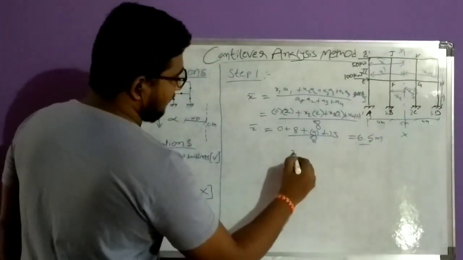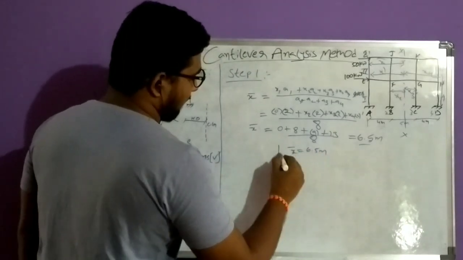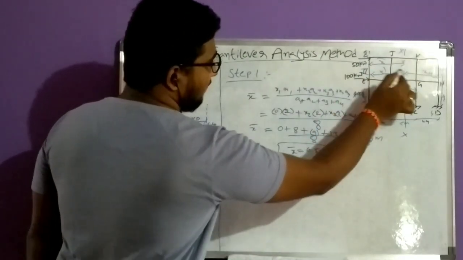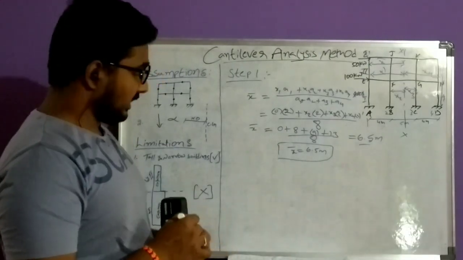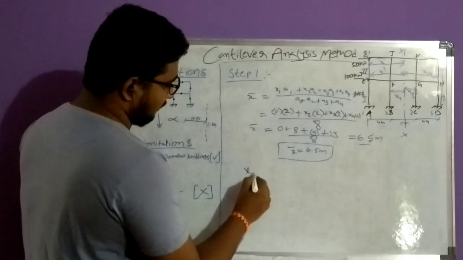So we calculated x bar equal to 6.5 meters, meaning the centroidal axis is at 6.5 meters distance from column 1. In the same way, we have to calculate all the values.